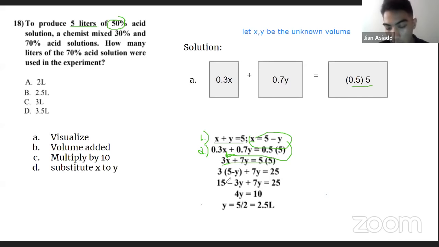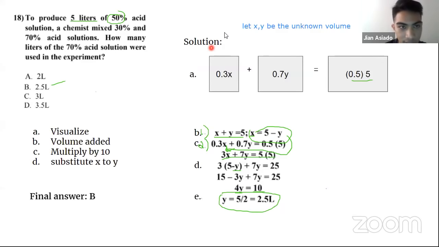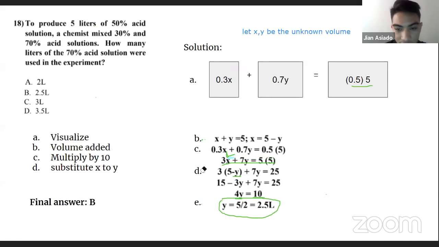Okay, so 3 quantity 5 minus y plus 7y is equal to 25, no? So isang variable na lang hinahanap natin, no? So si y, solve mo natin kay y, and then makuha natin si 10. Then si y equal to this 2.5, therefore it's b. Yep, it's b. Okay. Burahin ko.